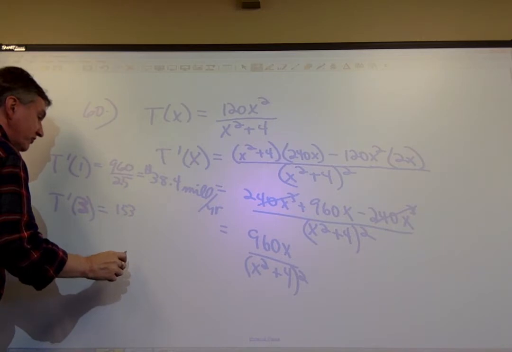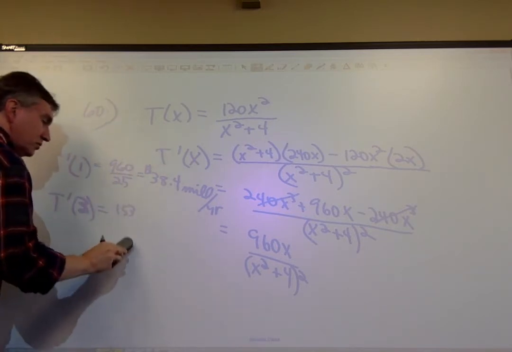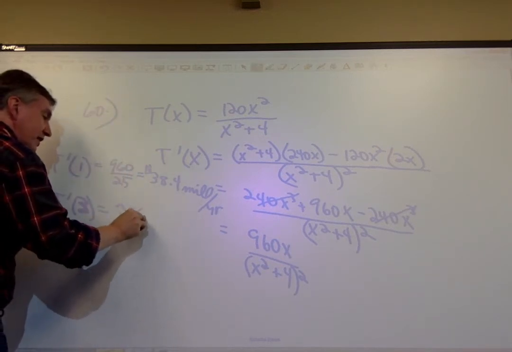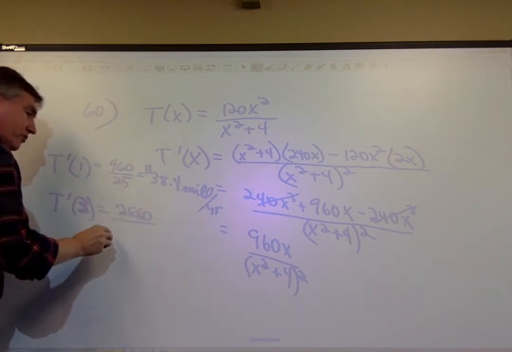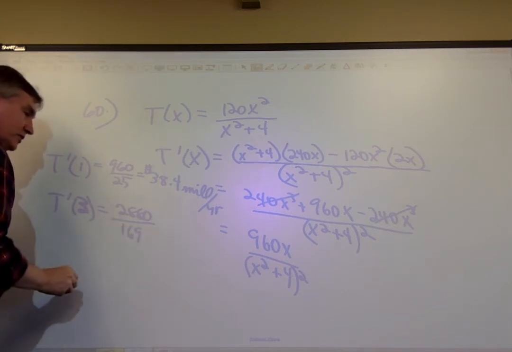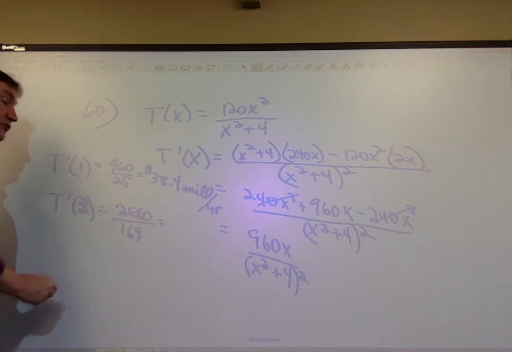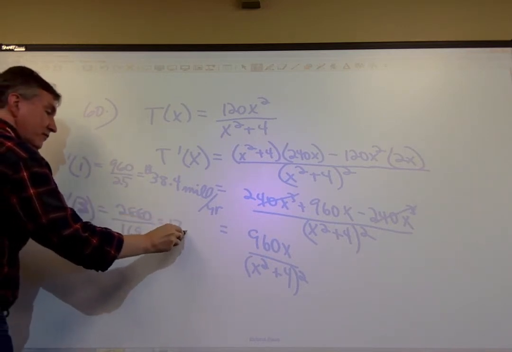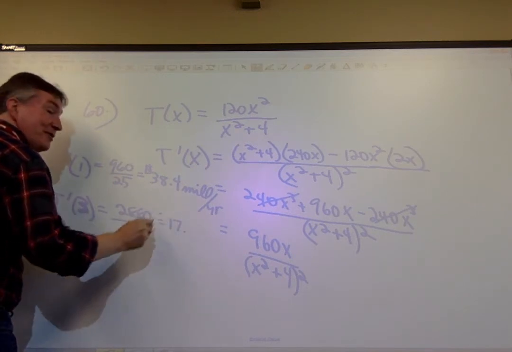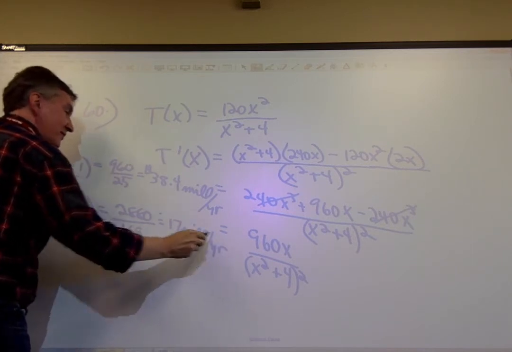The numerator is 3,840, over 13 squared, 169. What'd you say that was? 17.04. Approximately 17 million. Well, what do you notice?